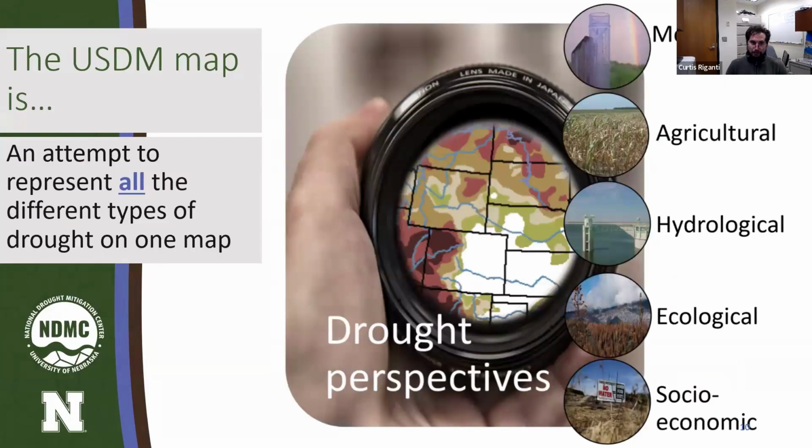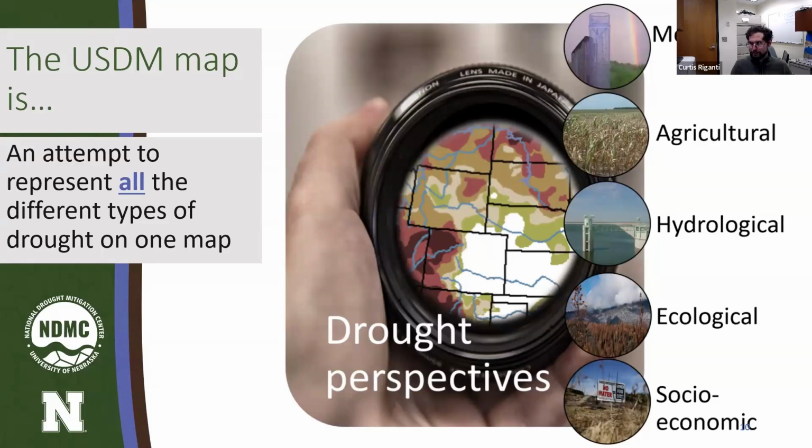So putting it all together then into the US Drought Monitor map, the Drought Monitor is an attempt to represent all different types of droughts on a single map, which is a little bit difficult given how many different types of droughts there are and the different types of data and different time scales of data that we can use to look at those.